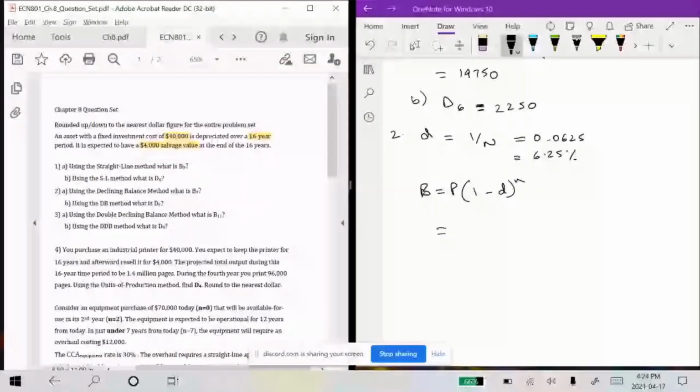So 1 minus 0.0625, which is 0.9375. 40k into 0.9375 to the power 9, since we need to find out E9.